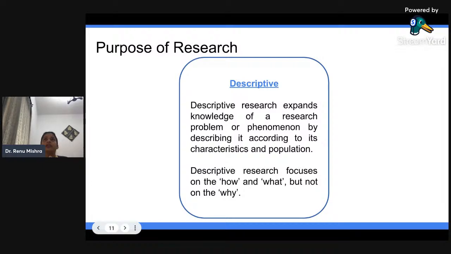When you are describing something, you are telling everything about that problem: how it is happening, the nature of the problem, what it is. But you are not saying the why, the reason. The reason you will be telling through explanatory research. That means you are describing the problem with its various characteristics, the nature, the dynamics of it.